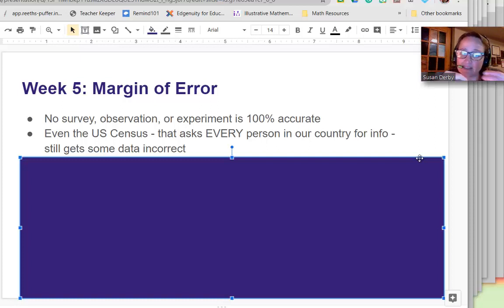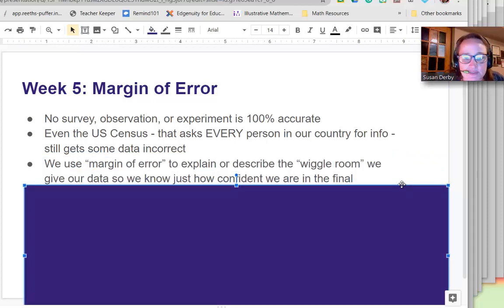We do try to make estimates of those people who are homeless or who didn't respond to the survey. And we also have people that are in constantly changing situations, right? They might have moved from one house to another, or they might have had a baby or had someone in their household pass away. And so even when we get that data from every single person, we might still be missing some data because it's constantly changing.